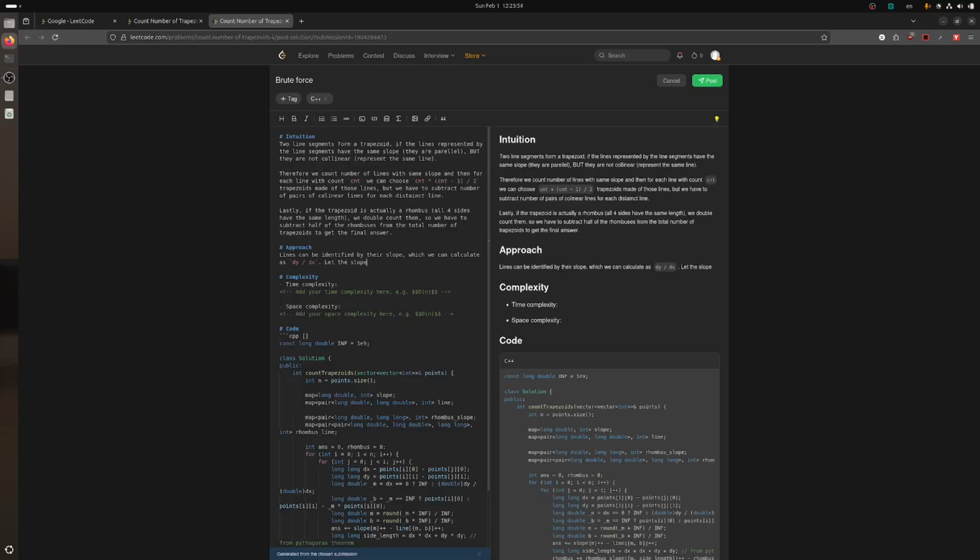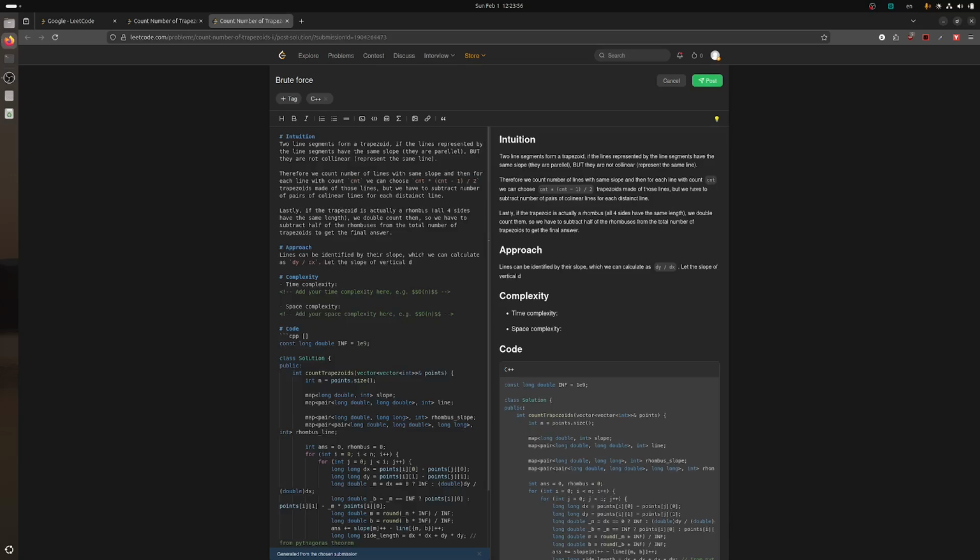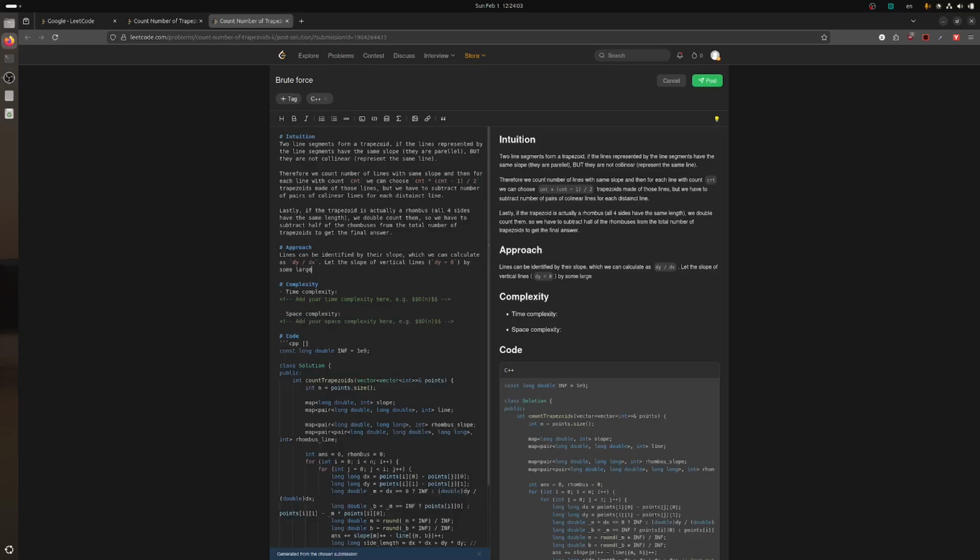Let the slope of vertical lines be some large number, inf.